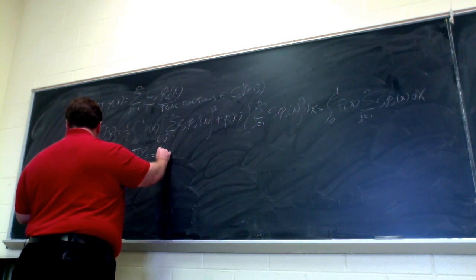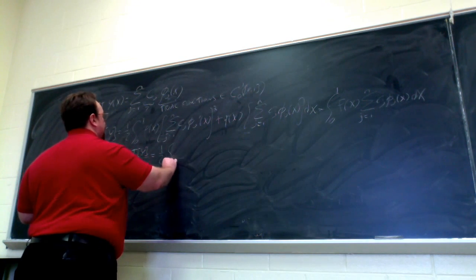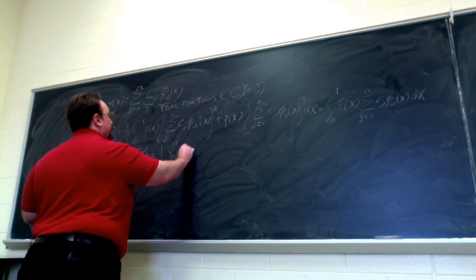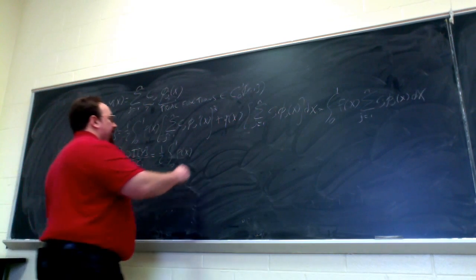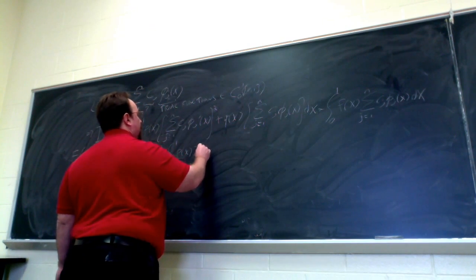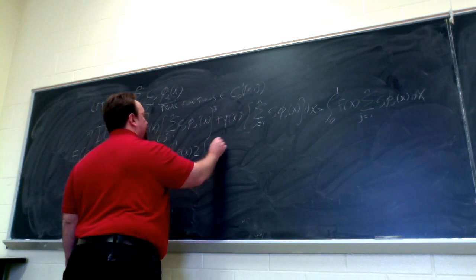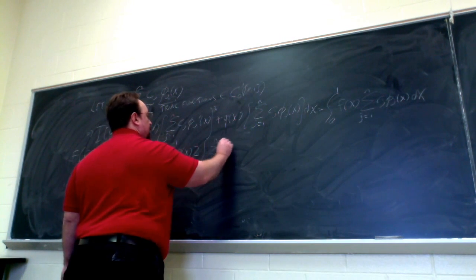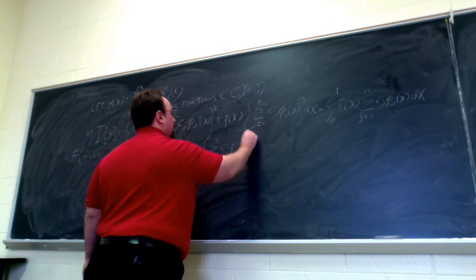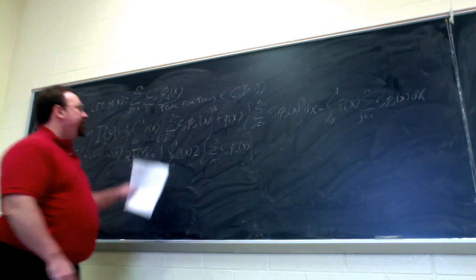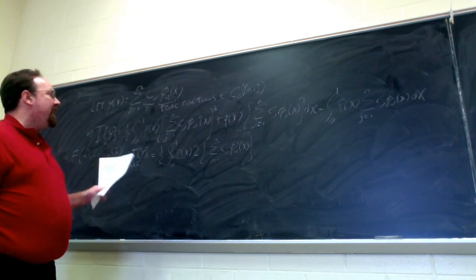1/2 p of x. I need to take a derivative of this with respect to Ci. So I have 2 times this sum to the first power now. And then I differentiate this with respect to Ci.